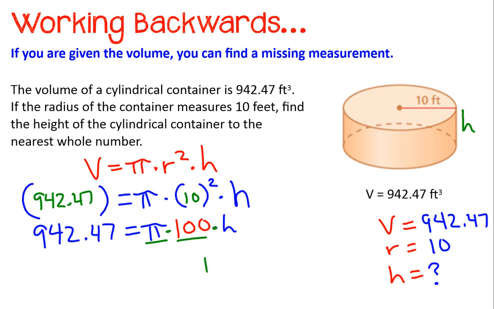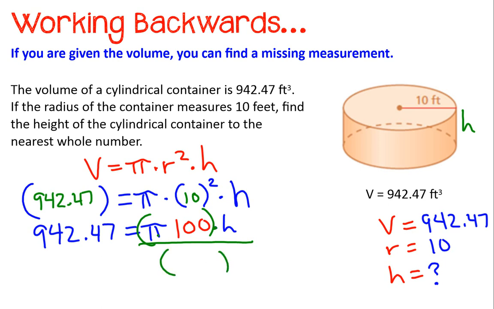And if I want to get h alone, I have to do the inverse of those operations. And the opposite of multiplying is dividing. Now the good news is, if they're both being divided, you can do it at the same time, right? So I have 100 times pi, or pi times 100. What I'm going to do is divide by that whole thing.